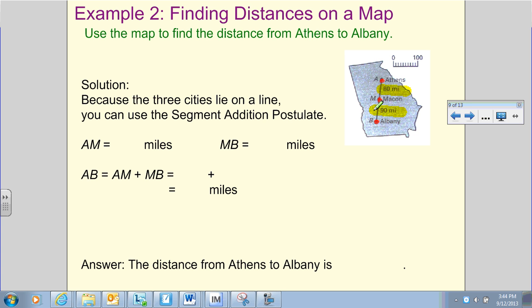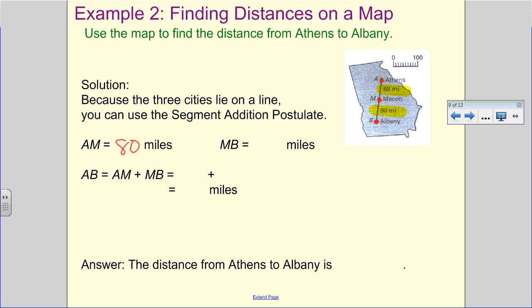So I know Athens to Macomb, AM, is equal to 80 miles. And I know MB, Macomb to Albany, is 90 miles. That's the information I'm pulling off of the map here. So AB, from the top Athens down to Albany, or Albany to Athens, is the 2 smaller segments.